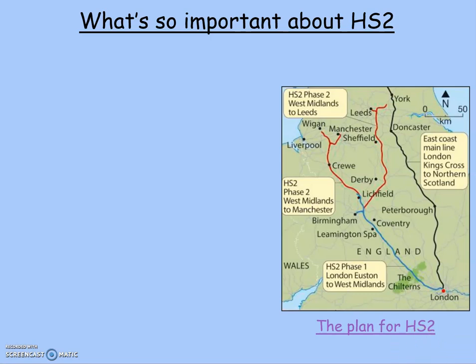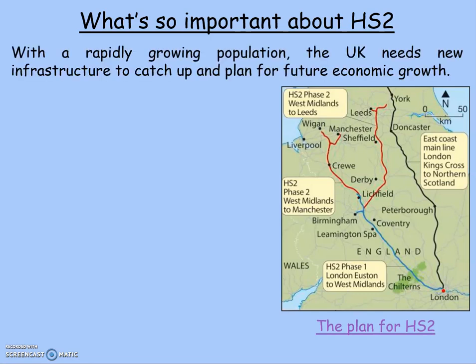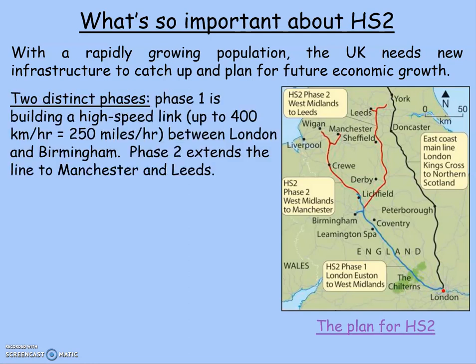It's embedded in a newspaper article, and it's quite a good video. The UK really needs to develop new infrastructure because there's a growing population, and in order to plan for future economic growth, infrastructure has to develop.